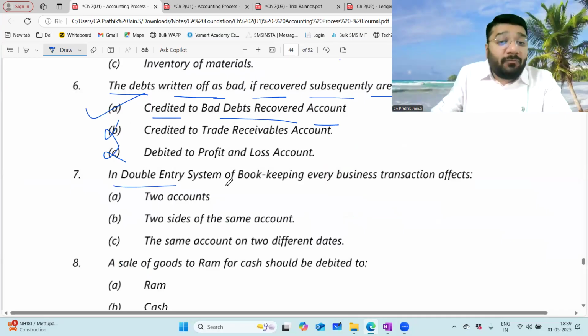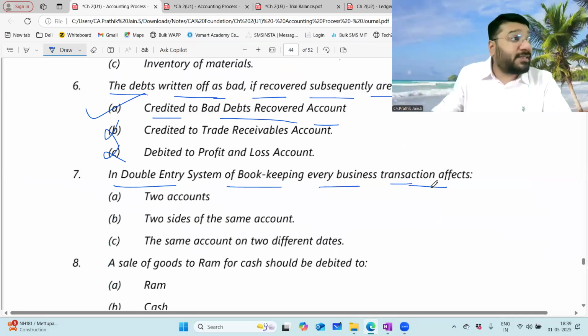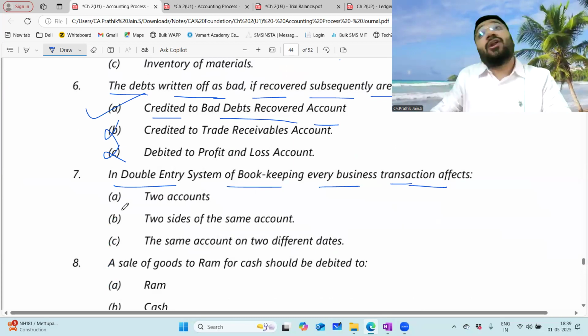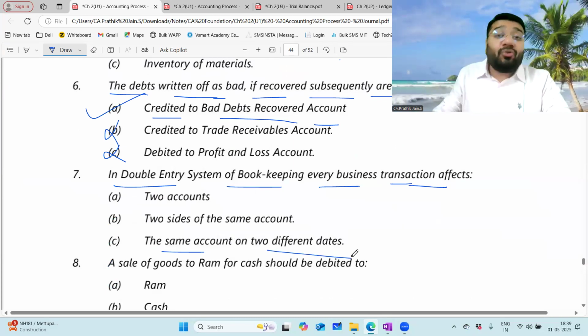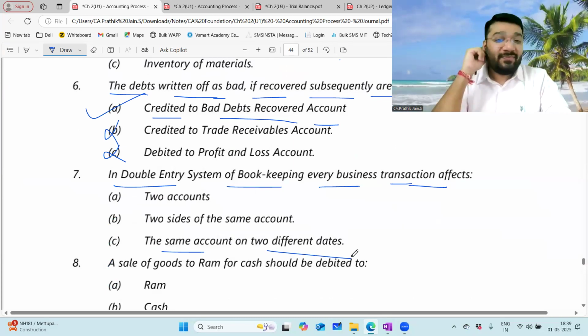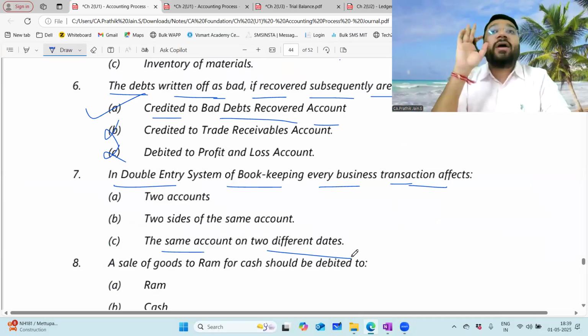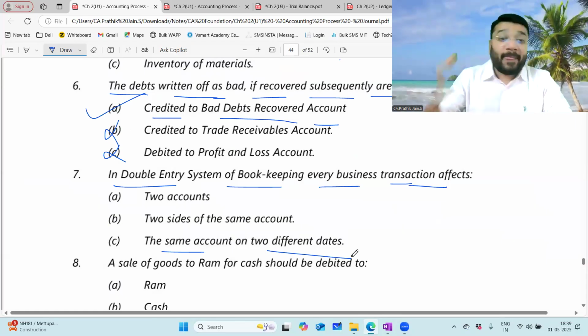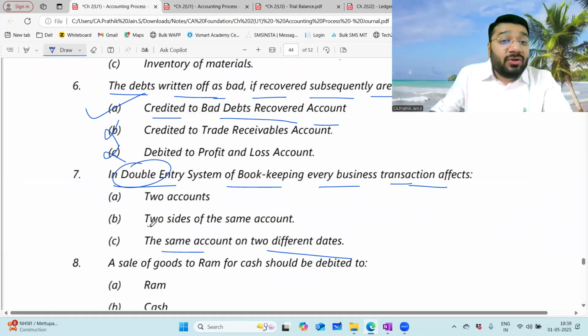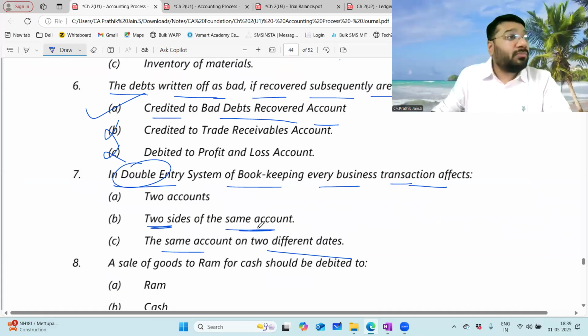In double entry system of bookkeeping, every business transaction affects two accounts, two sides of the same account, the same account on two different dates. Now here we'll follow the elimination method. We will eliminate that answer which is nonsense. Double entry means two sides, same account. In the same account, two sides.